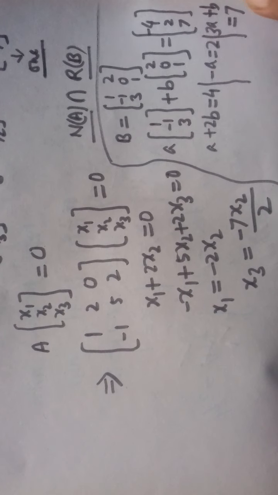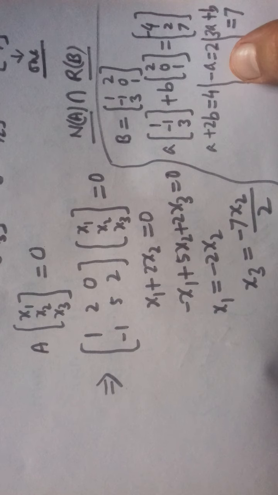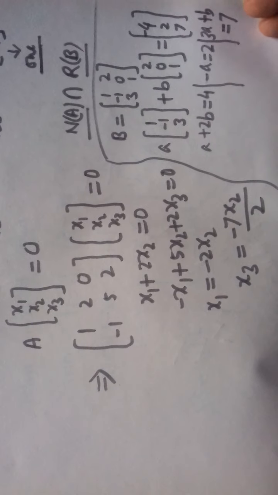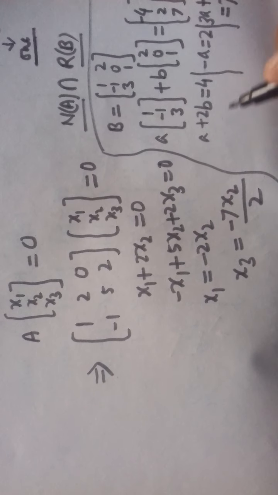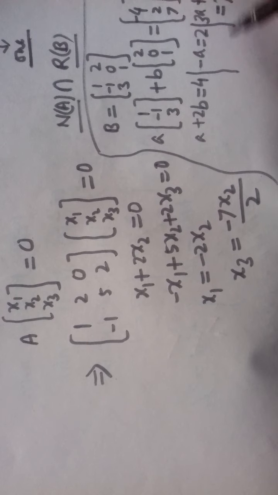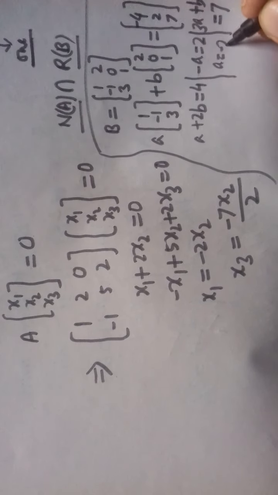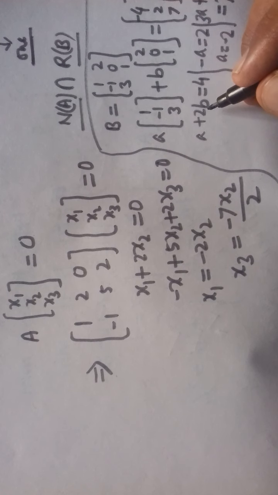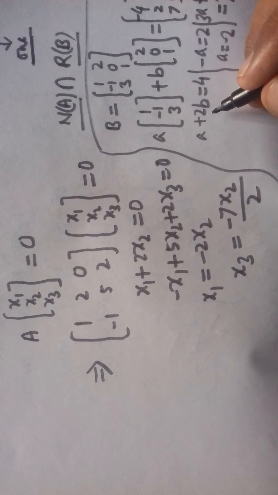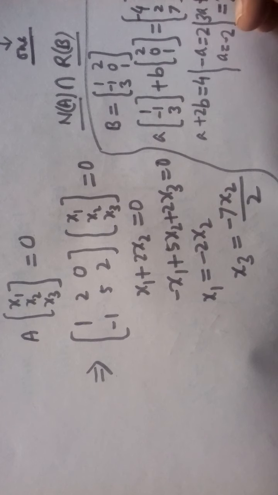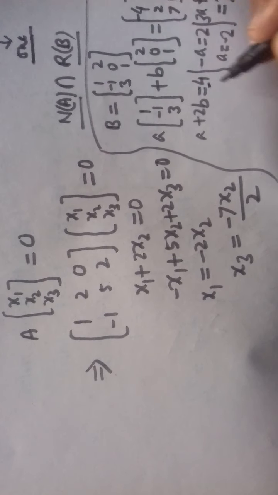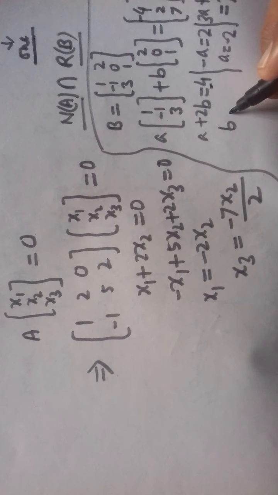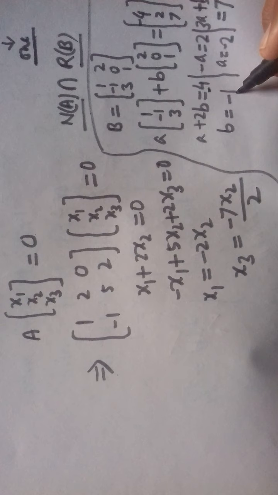Now we solve any two and put in the third. Suppose we solve the first two, then this gives us a equals minus 2. Putting a equals minus 2 in it, we get b equals minus 1.